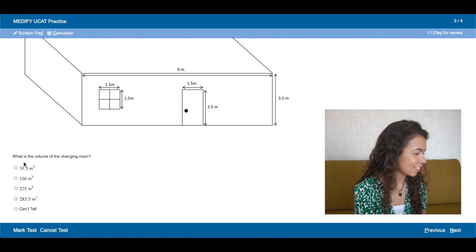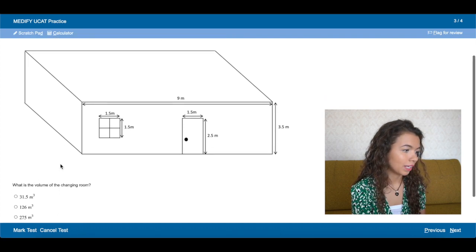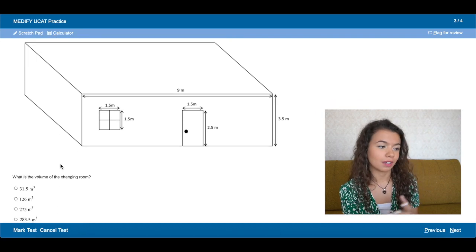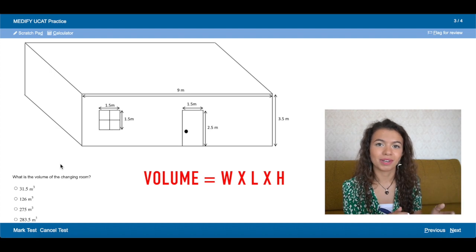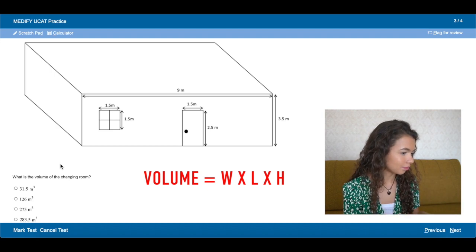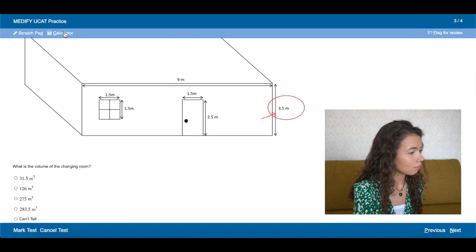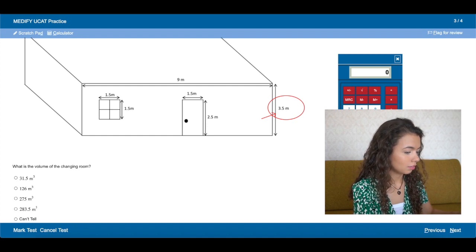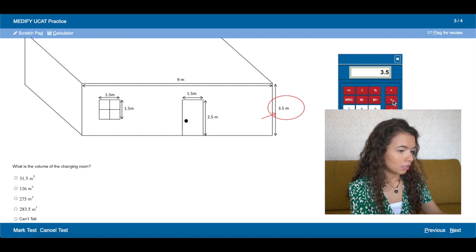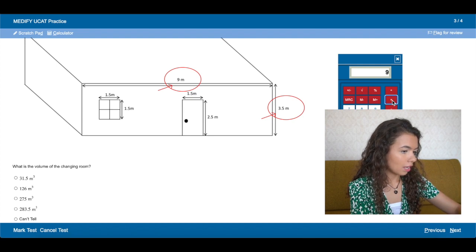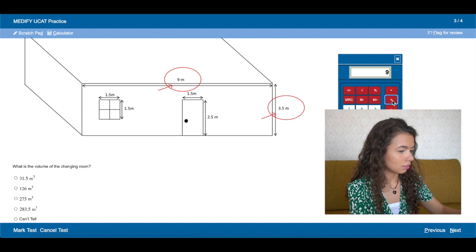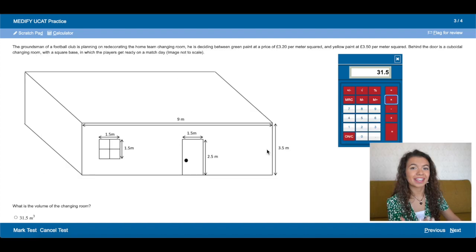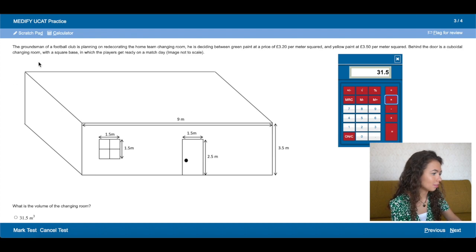The next question though says, what is the volume of the changing room? Now we know that the volume of a box is width times length times height. So in this case, 3.5 times 9 times the width, which we don't have. Because they haven't given us the width or length, I'm going to go back and read the question.